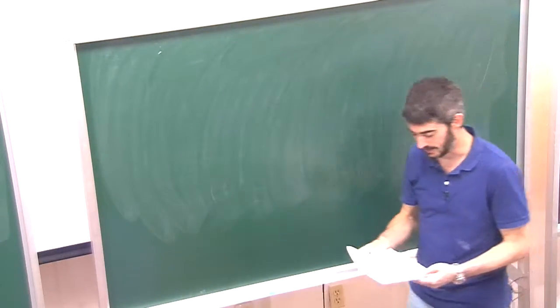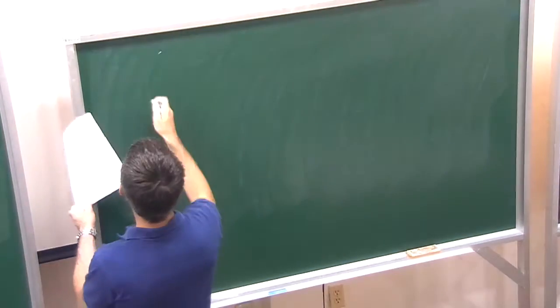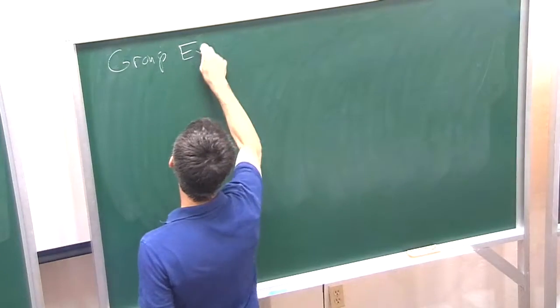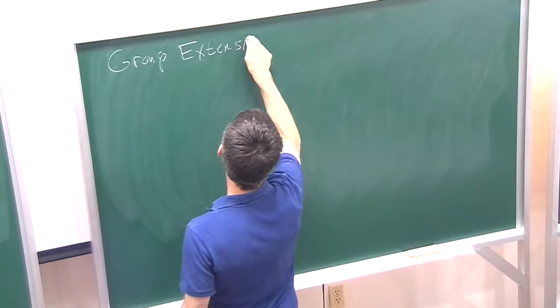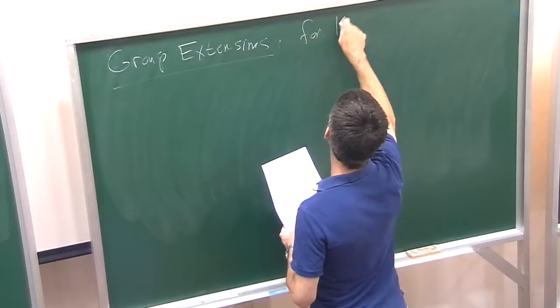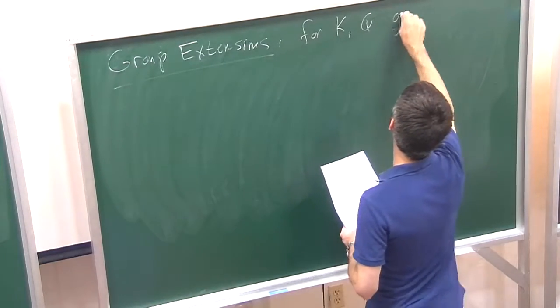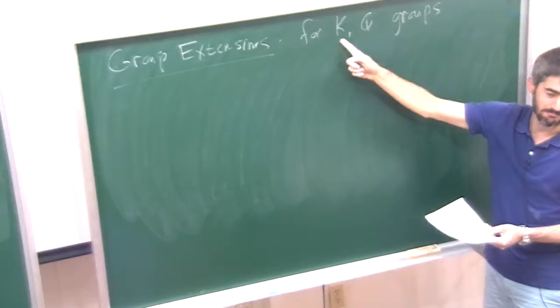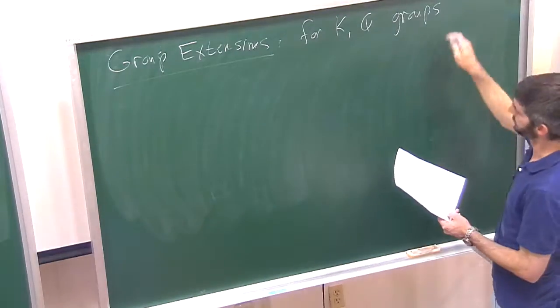Okay? All right, so now I want to look at group extensions. Okay, so for K and Q groups, okay, K used to be a number, now it's a group. Sorry. Okay.